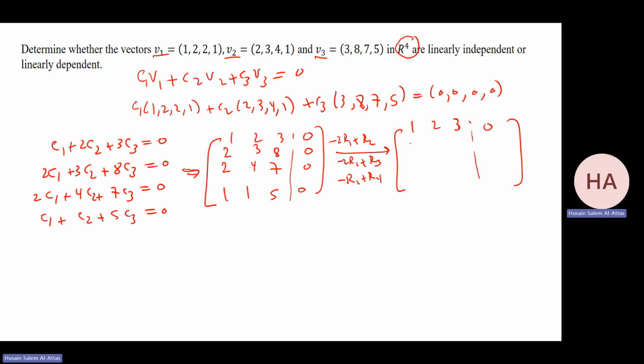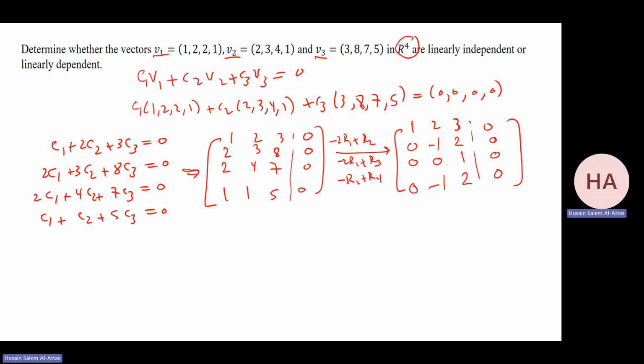Minus 2 and add, that will be 0. Minus 2 and add, that will be minus 1. Minus 2 and add, that gives me 2. Minus 2 and add, that will be 0. For the third row: 0, 0, 1, 0. The last one, minus 1 and add: that will be 0, minus 1, 2, 0.